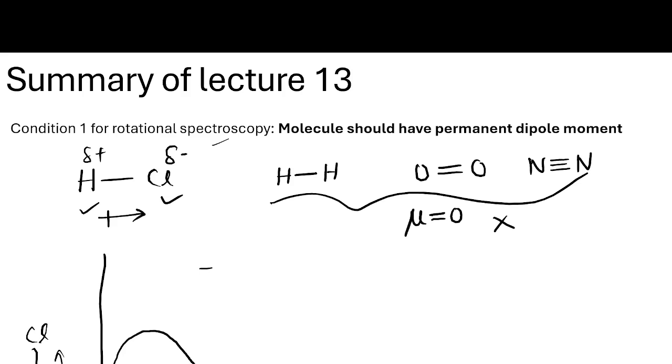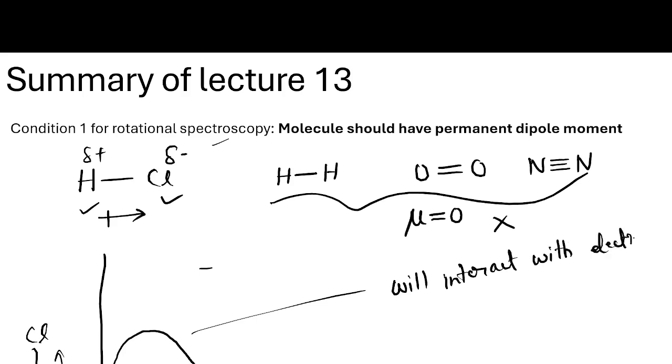So in summary, a molecule having a permanent dipole moment will, during rotation, generate an electric field, and this electric field will interact with the electric field component of light.